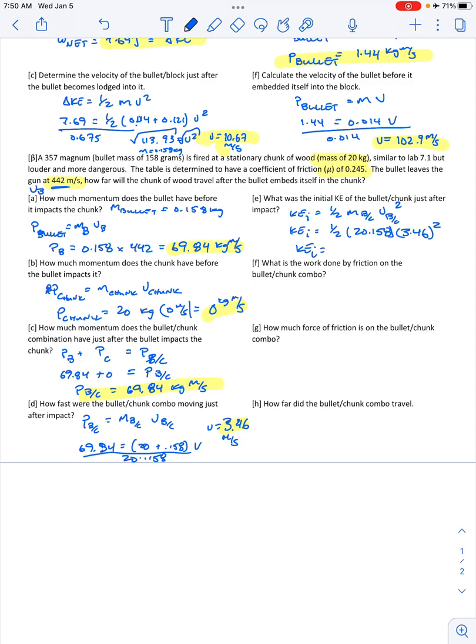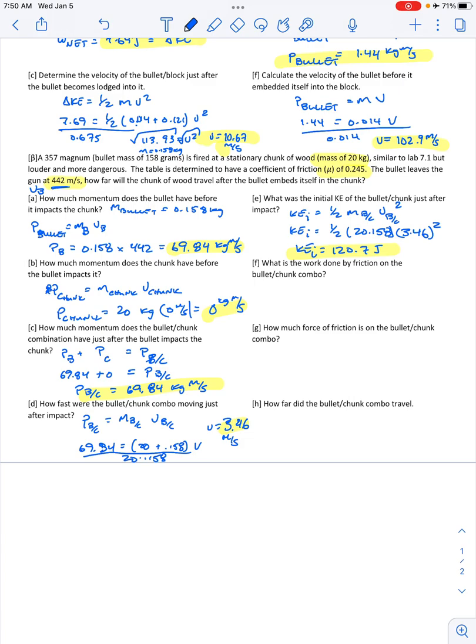KEI equals 0.5 times 20.158 times 3.46 squared. That's 120.7 joules.